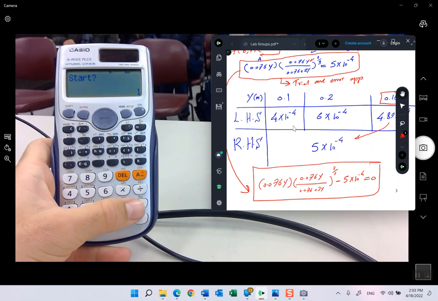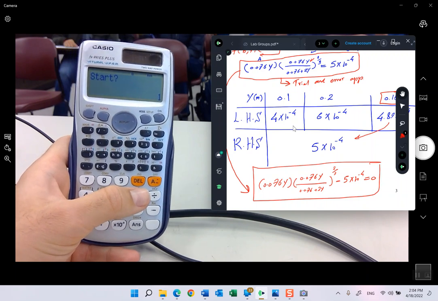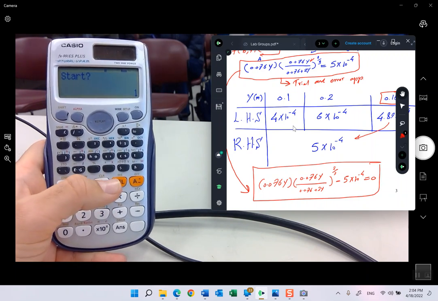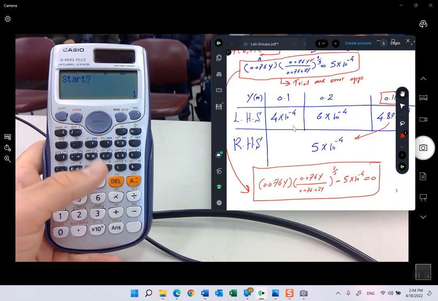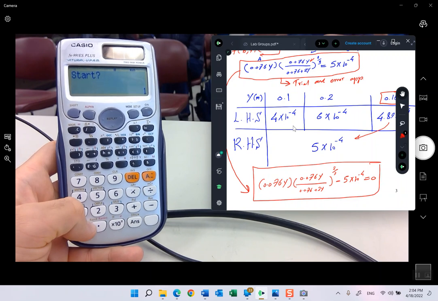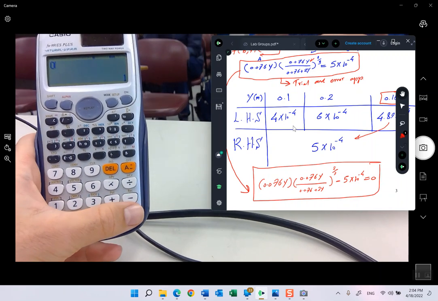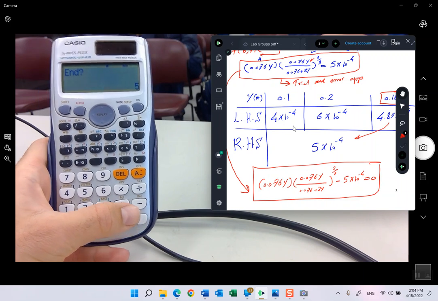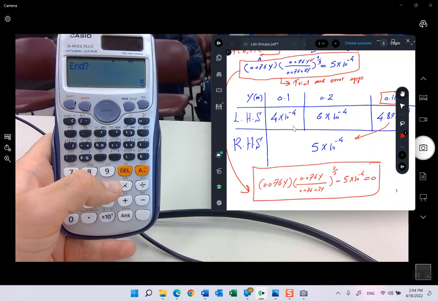And because it actually does the same trial and error that you do, it needs start and end points. So what is the lower value for y? Y can start from 0, so I will press 0 for the start. I will press the equal sign. It asks you for the end. When should I end the calculation?